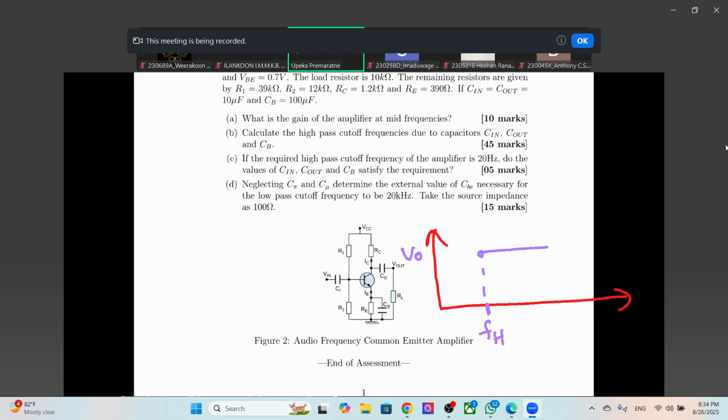Above this, frequencies will go through the amplifier. Below it, we will have a filtering effect like that. And these high pass frequencies are determined by the DC blocking and bypass capacitors.